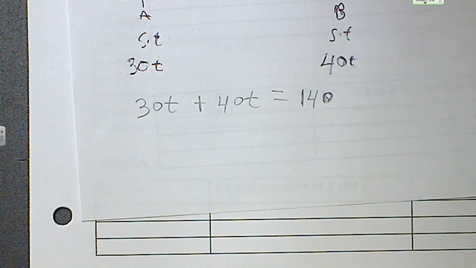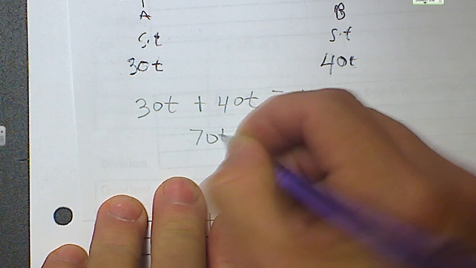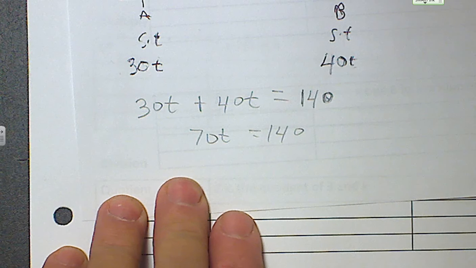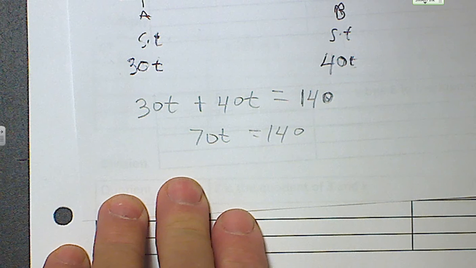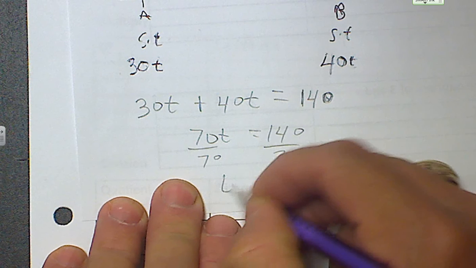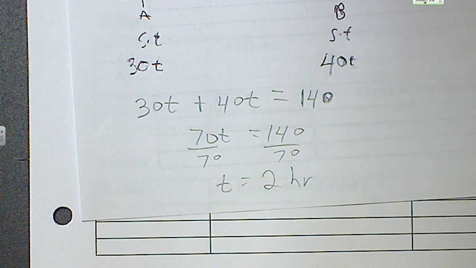Combine like terms, giving me 70t equal to 140. Last step. Divide by 70. T equals 2 hours. So we want to go ahead and include time in this, or speed, or whatever we're solving for. If the cars are going miles per hour, your answer is going to be in hours. Okay?